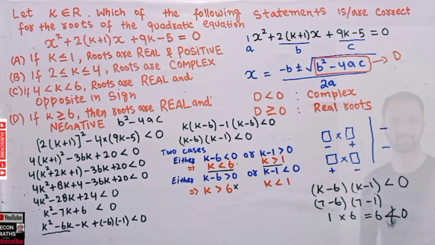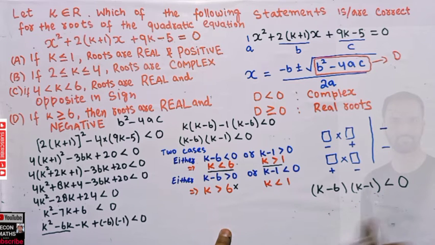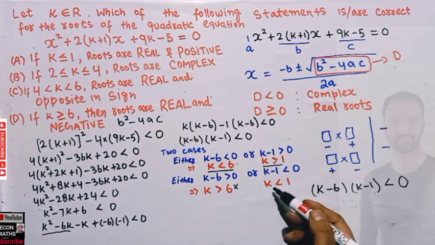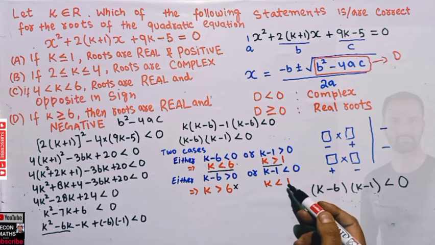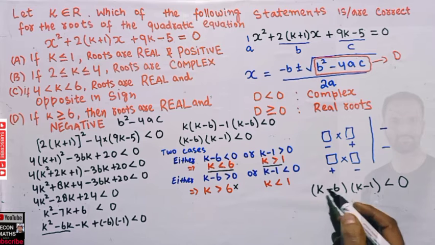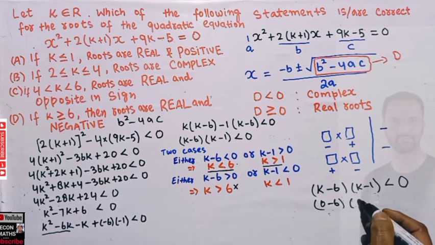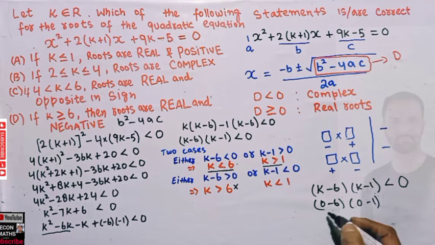Similarly, let us concentrate on the last term, k less than 1. Take any value less than 1, let us take 0. In place of k we have 0. So 0 minus 6 is minus 6, and 0 minus 1 is minus 1. So minus into minus is plus.